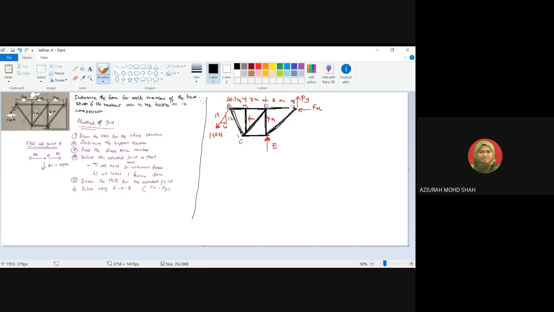Macam biasalah, nak cari support reaction dekat F, macam mana you nak guna apa? Sekarang ni nak guna apa ni? First you nak guna apa? Moment, Fx, Fy. If you want to use moment, which point that you need to pick?